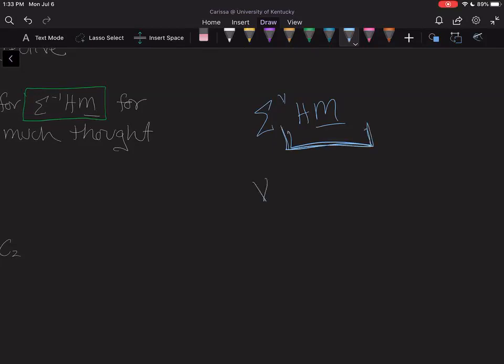And V is a representation of your group. Here, where I have the -1, that is a virtual representation. So the desuspension of HM is S^-1 smash HM.